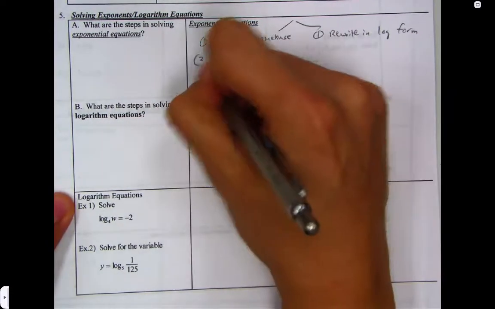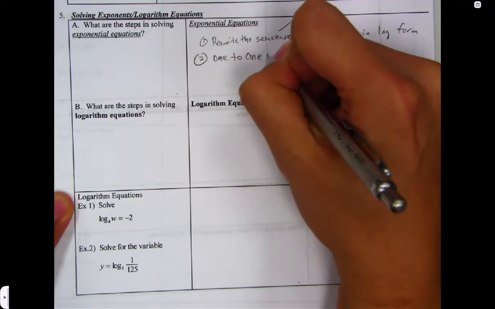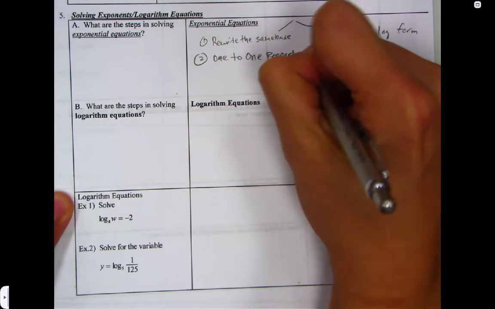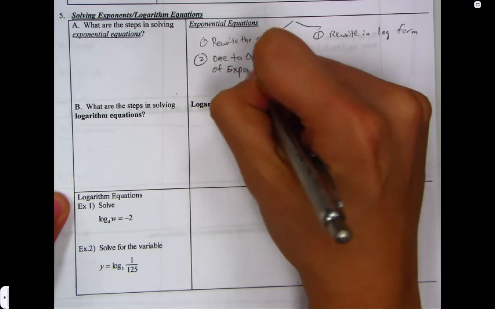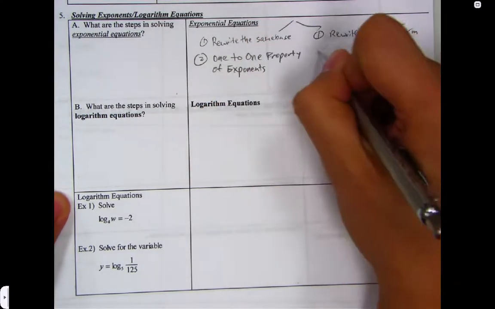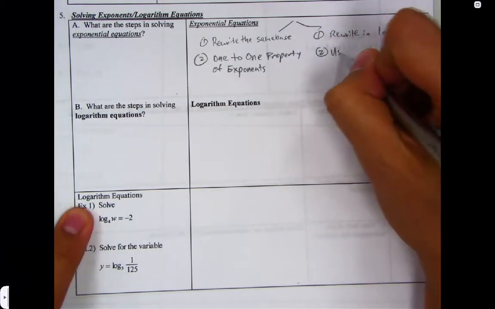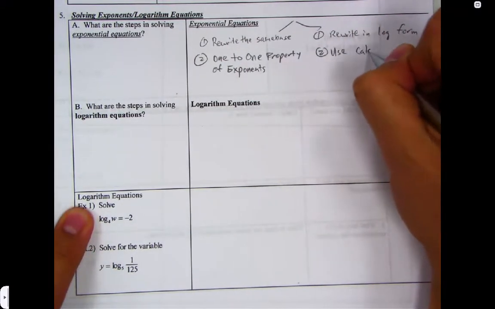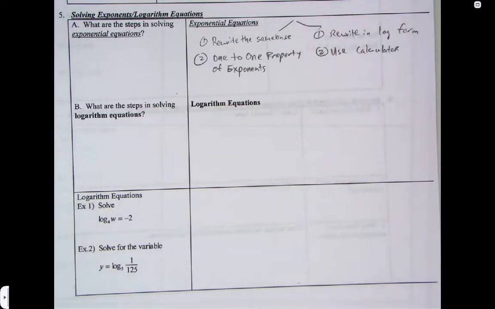The second step is to use the one-to-one property of exponents. Now, if you're on this route, use your calculator. And then you do your algebra 1.